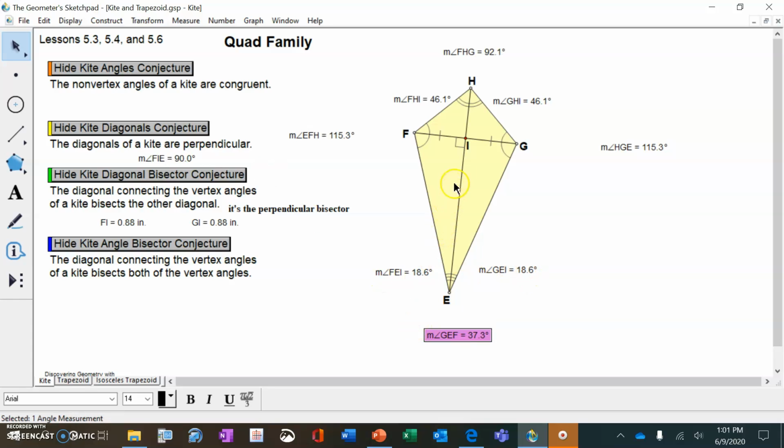Okay, the diagonal connecting the vertex angles, that's that guy. What does it do to the vertex angle? So this vertex angle used to be 92.1, but now this diagonal comes through it, and look what it does. It bisects it. Okay, same thing over here. Here's the vertex angle. Here's the diagonal coming down to that vertex angle, and look what it does. It bisects it.